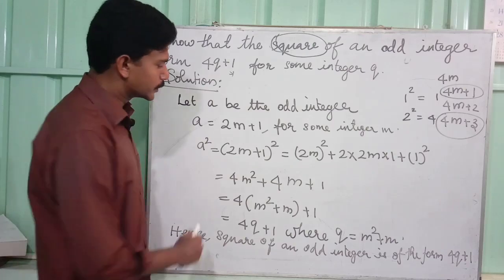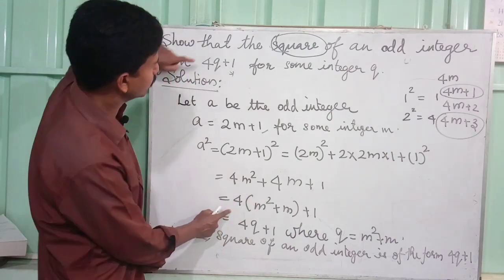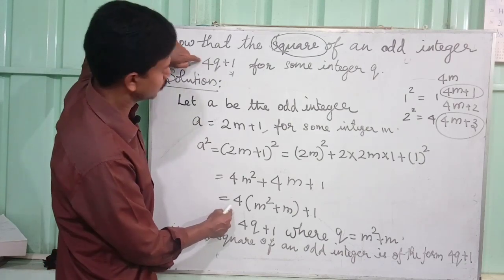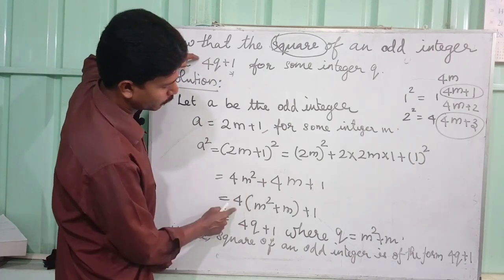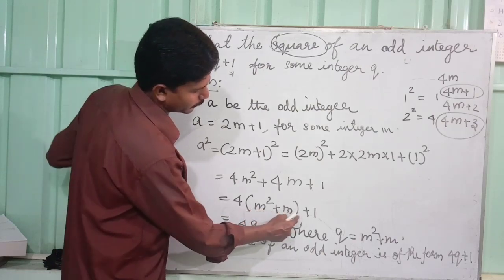Now we take 4 as common. Why are we taking 4 common? We have to bring this format. So we take 4 outside, with m square plus m inside the bracket, plus 1.